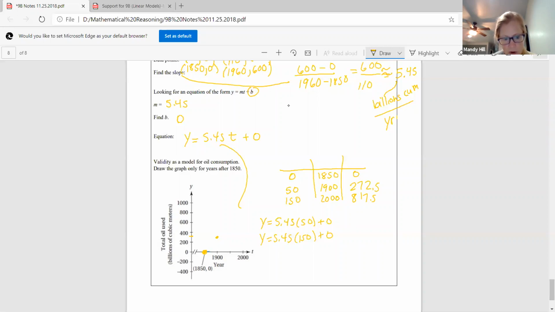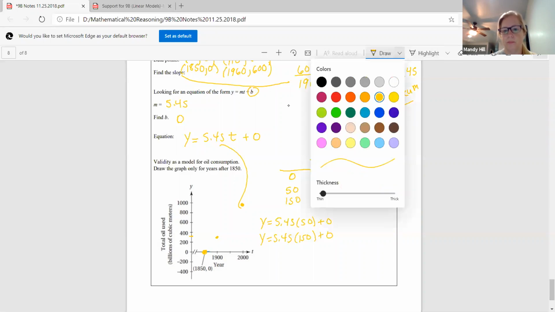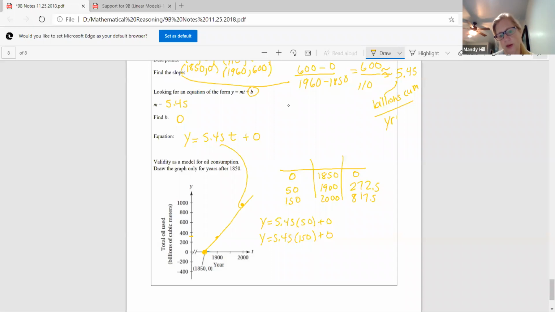So 800 is right here, so maybe just a little bit higher than 800. On this graph, when we're plotting the points, it's going to kind of look like this. Basically, it's skyrocketing, right? If you look at what's going on with that oil.